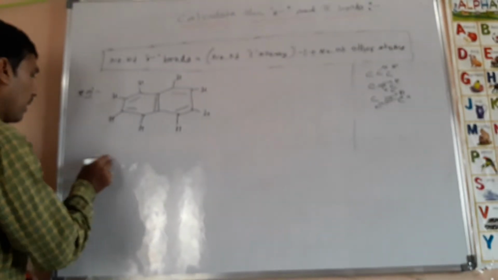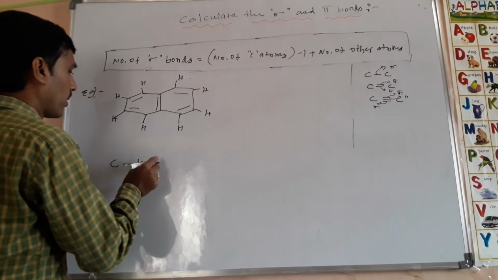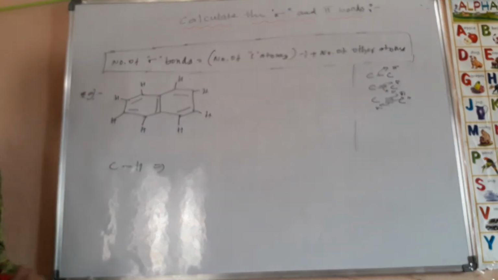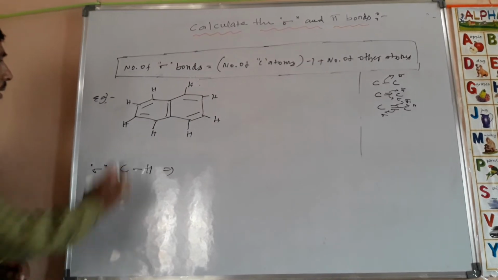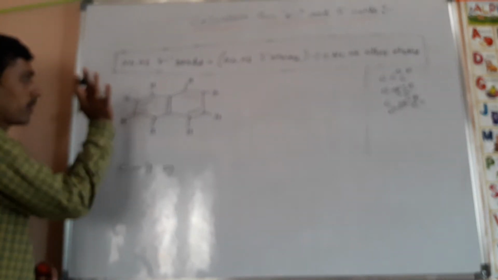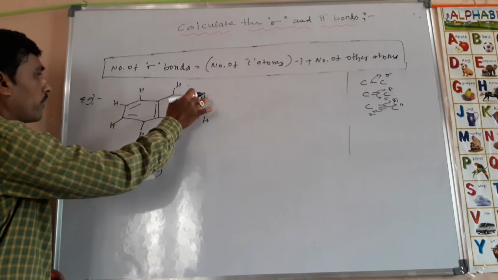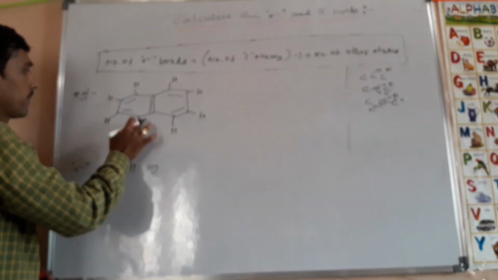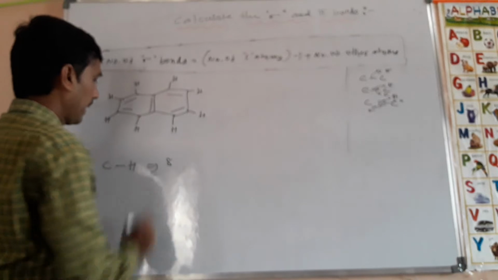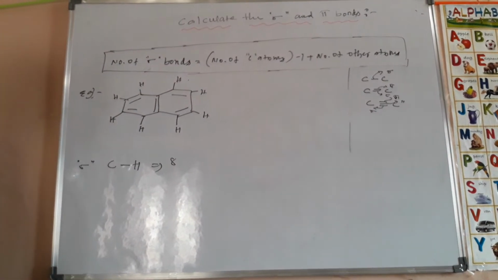In this, how many carbon-hydrogen bonds are there? Each carbon-hydrogen bond is a sigma bond. We count 1, 2, 3, 4, 5, 6, 7, 8. Eight carbon-hydrogen sigma bonds are there.